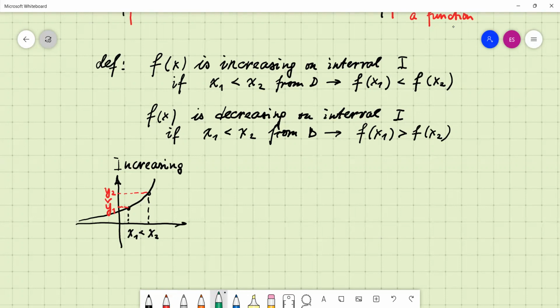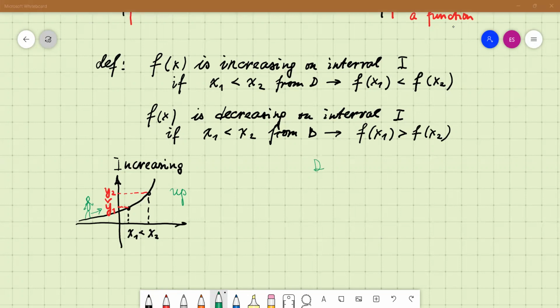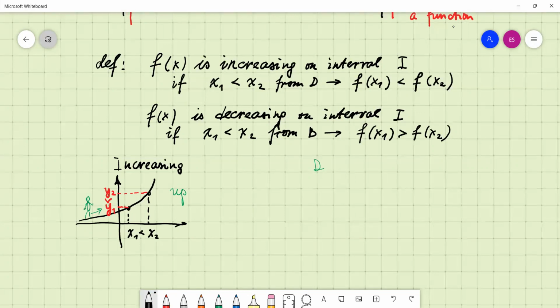So that's an increasing function. Graphically, increasing function means that when somebody is moving in the positive direction of the x-axis, from the left to the right, he's climbing up. So somebody moving up means increasing. Now decreasing. Oh, sorry, I want to use the black one. Give me a second. Function is decreasing if somebody moves down. I'm going to show you an example of a decreasing function.